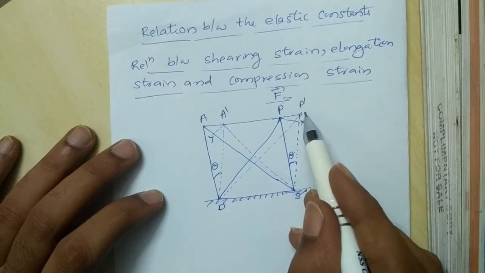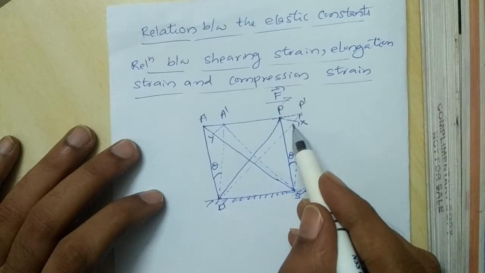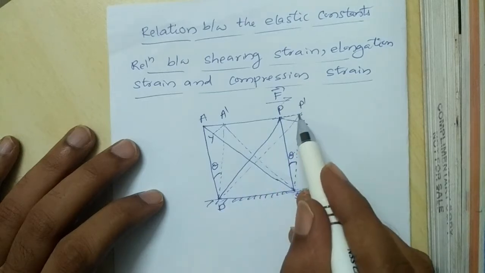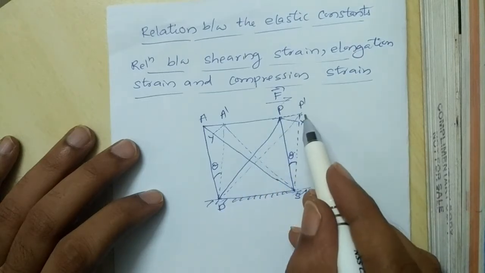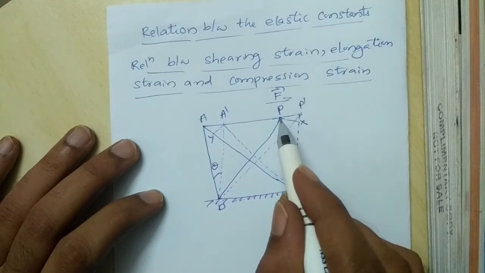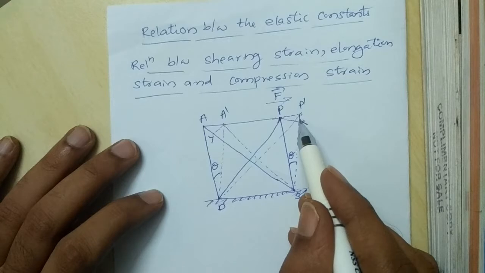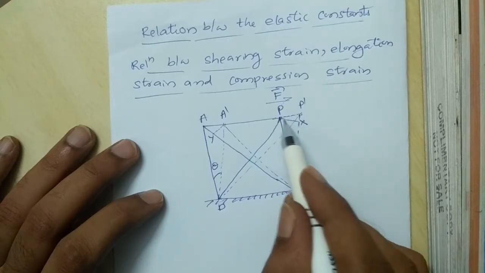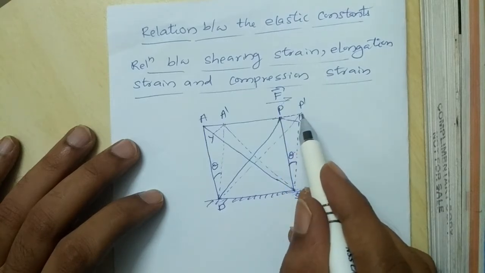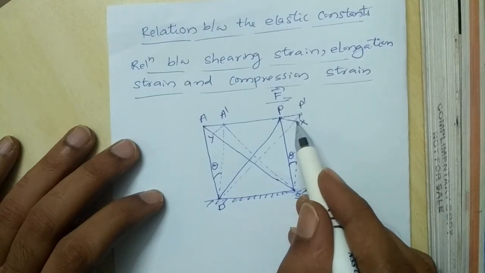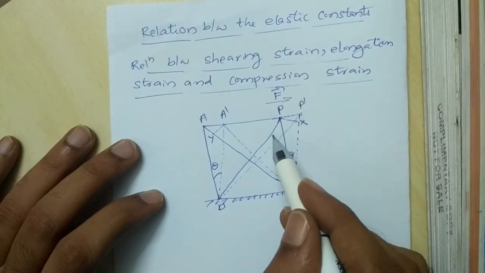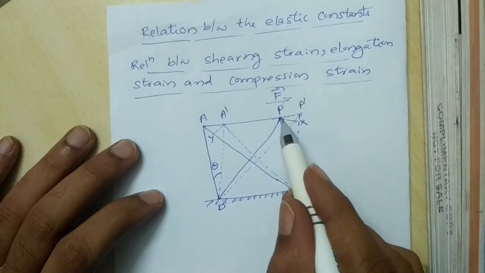Okay, and to find the increase in the diagonal length after the applied force, you draw a perpendicular from the point P dash to the diagonal. So this is the perpendicular. So P dash X is the extension produced in the diagonal whose original length is DP.